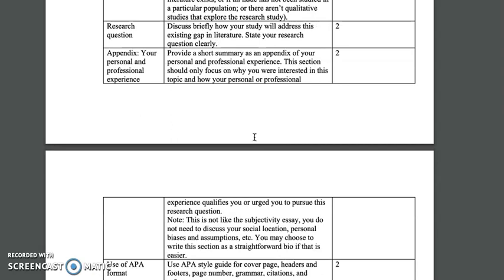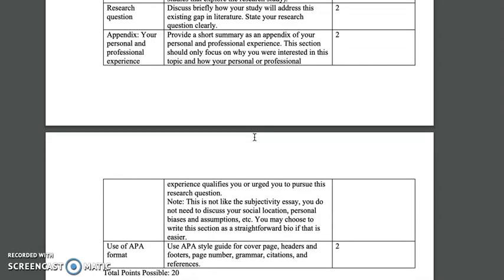In terms of the appendix, this will be a really short summary, maybe just a couple of paragraphs, on your personal and professional experiences that drew you to this topic. While this is not like the subjectivity essay that you have already completed, you can definitely pull from your subjectivity essay if needed.